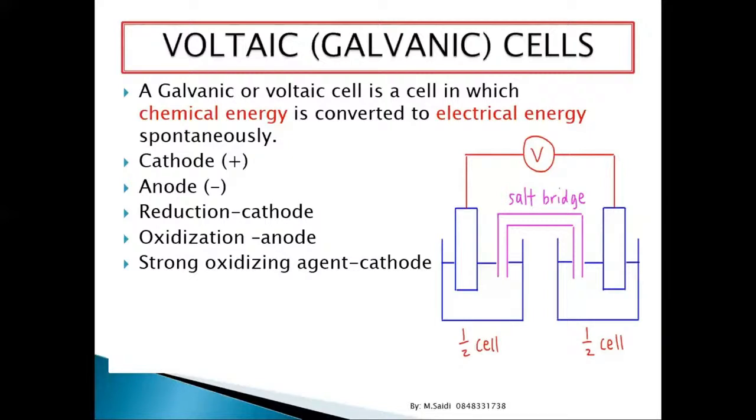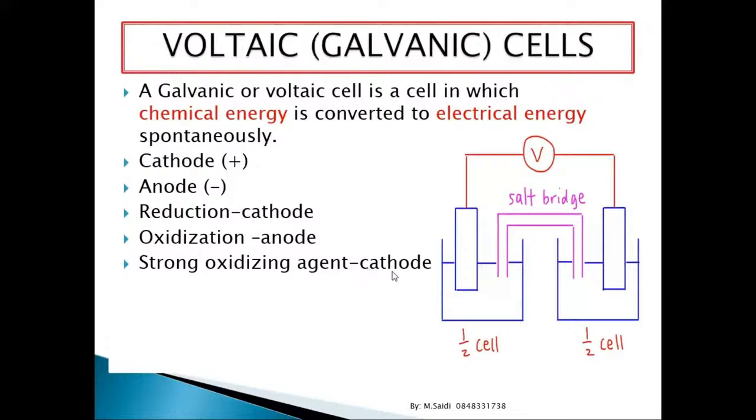If you are broke, it means you can accept everything. So you oxidize others; you make others broke. So a strong oxidizing agent can accept the electrons and is reduced. So you put it on the cathode, the positive.